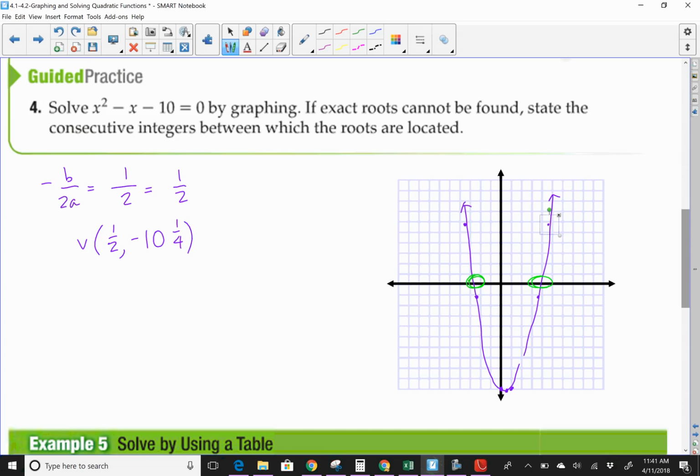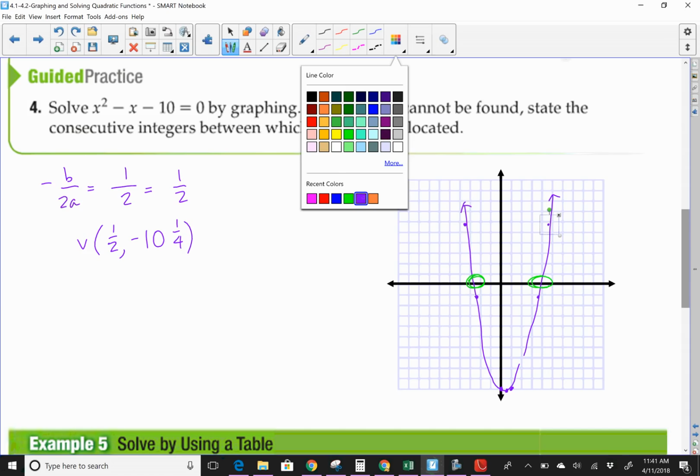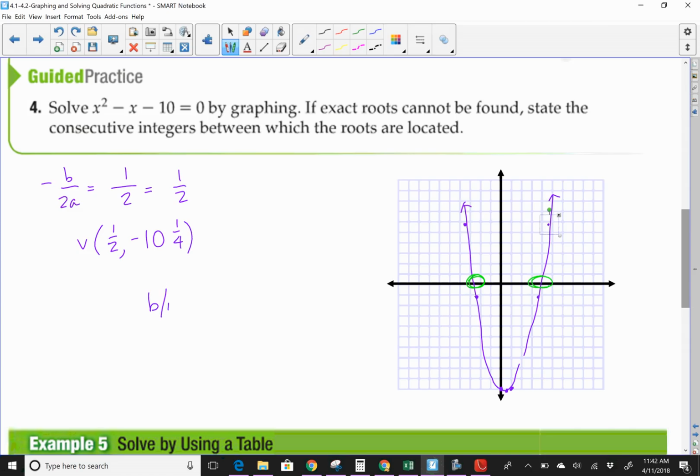So our answers, here we have the integers: one of them is between negative 3 and negative 2, and then between 1, 2, 3, and 4.